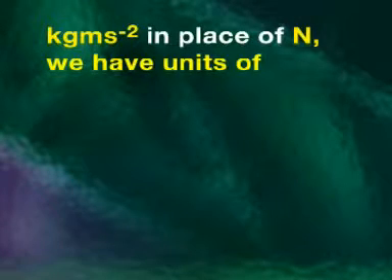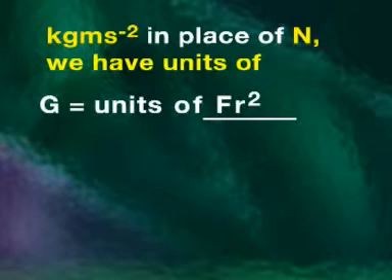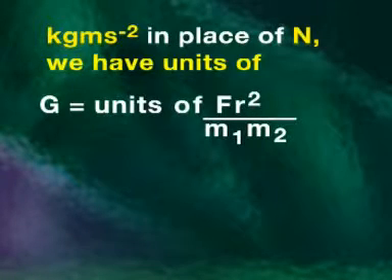Or if we use kilogram meters per second squared in place of newtons, we have units of G equals units of F R squared divided by M1 M2.